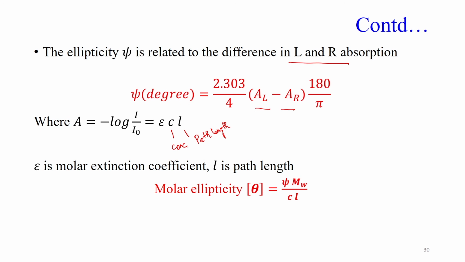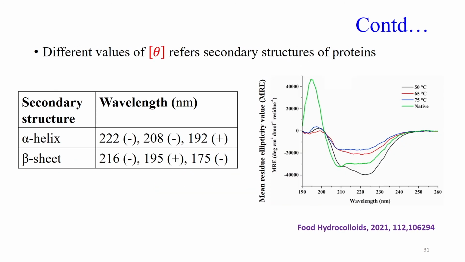Also we can convert this ellipticity to the molar ellipticity by simply using the molecular weight of that particular protein. This is the result: you can see this is a native albumin, which has a positive peak at 192.